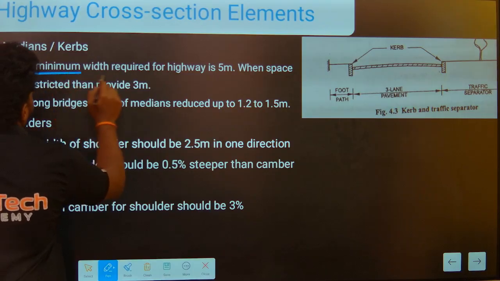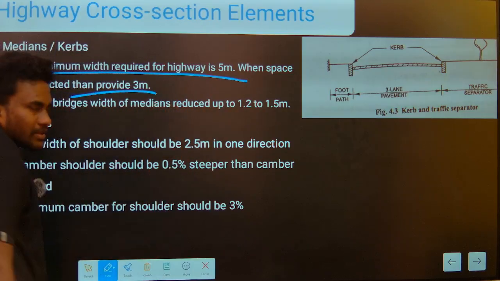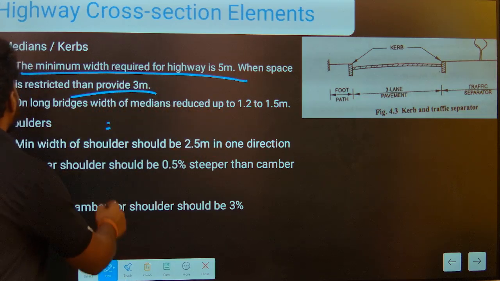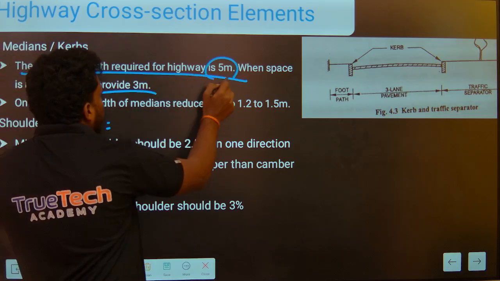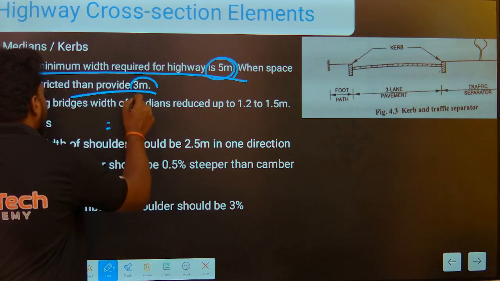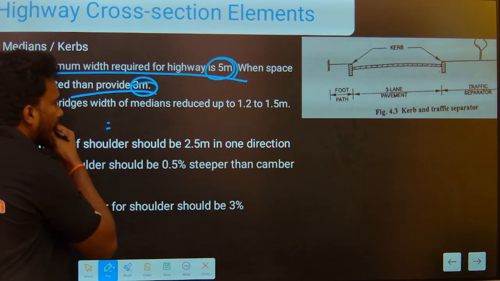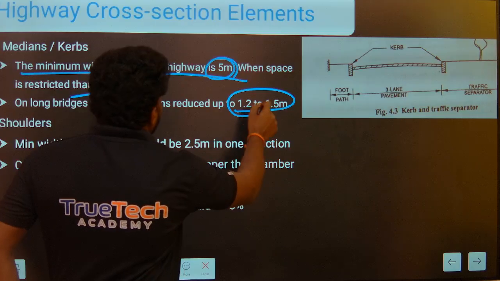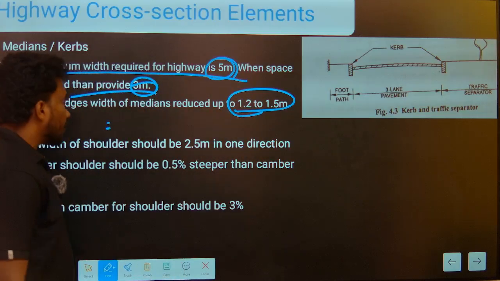As per IRC, these are the standard values to be taken in the design. The minimum width required for the highway is 5 meters, and if the land is restricted, then it will be decreased to 3 meters, and along the bridges the width of the median is 1.2 to 1.5 meters.